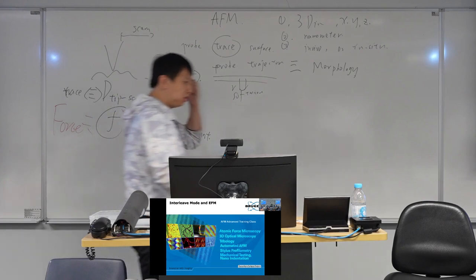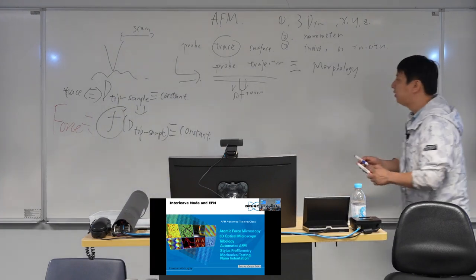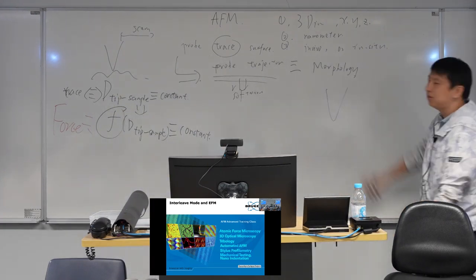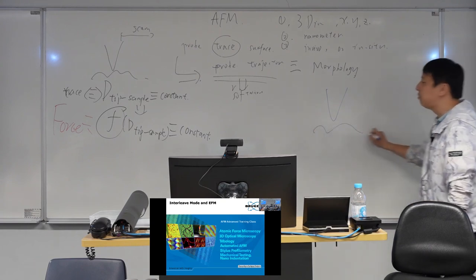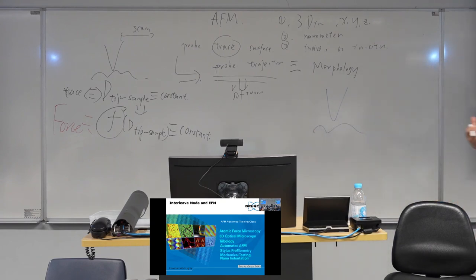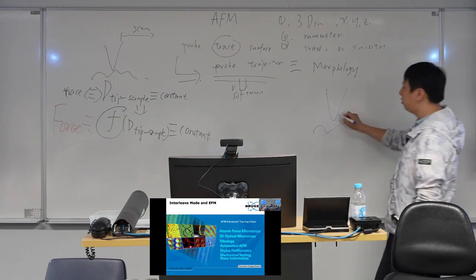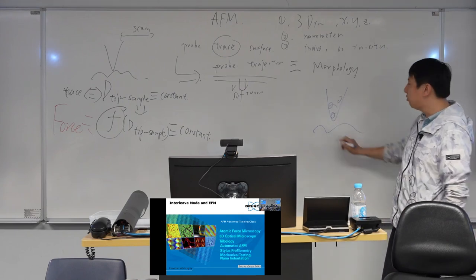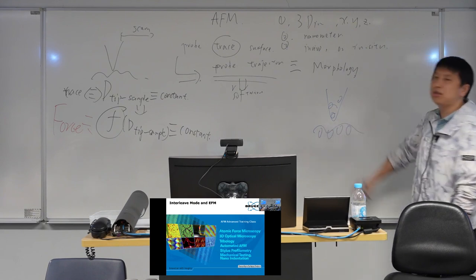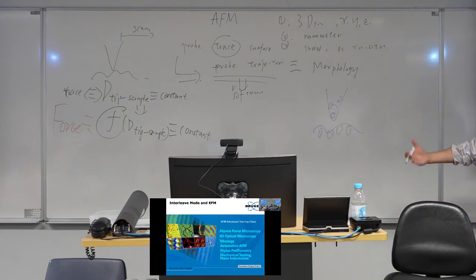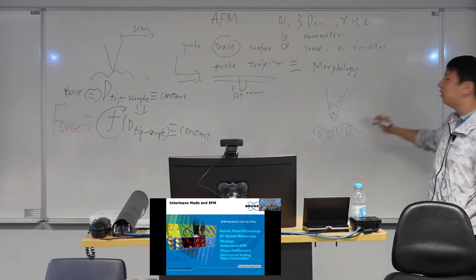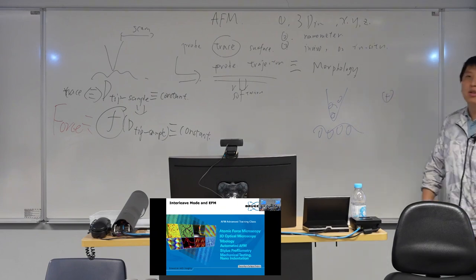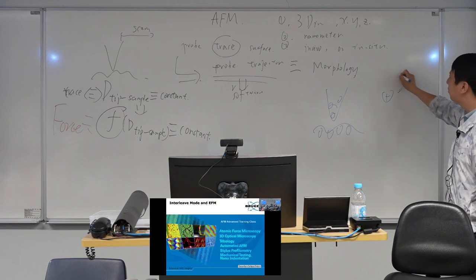We all know our tip is one material and the sample is another material. But if you look at it in terms of atoms, the tip is just a bunch of atoms, and our sample is also a bunch of atoms. An atom consists of one nucleus with positive charge and several electrons with negative charge.